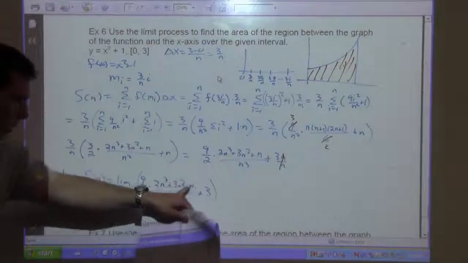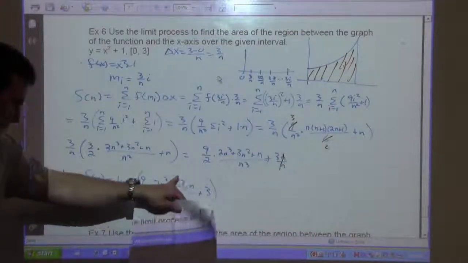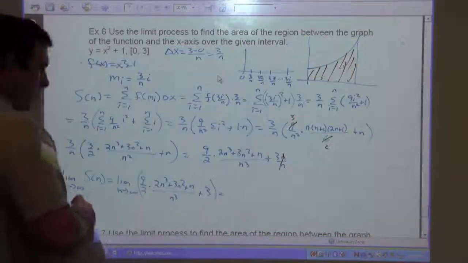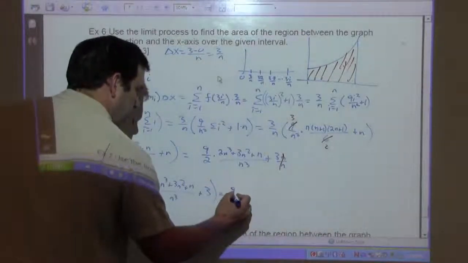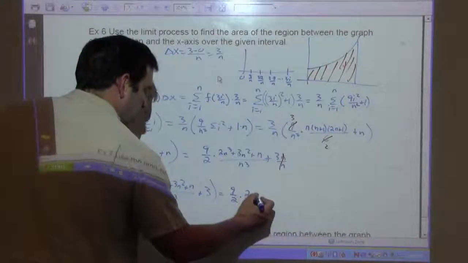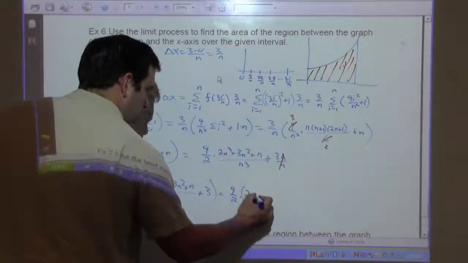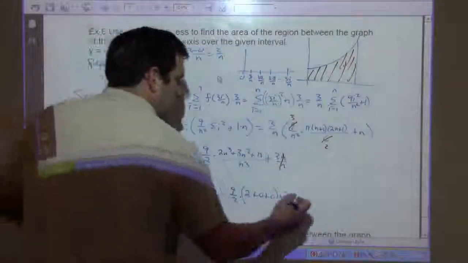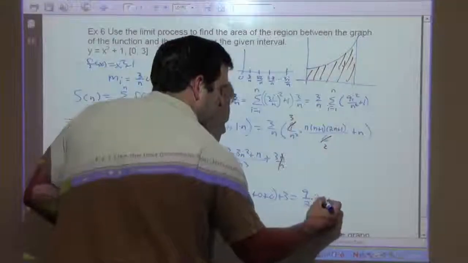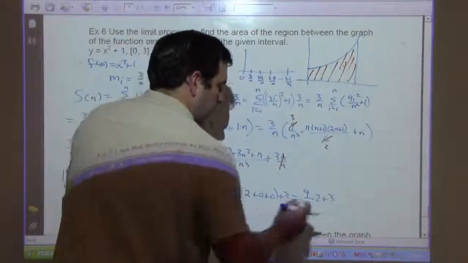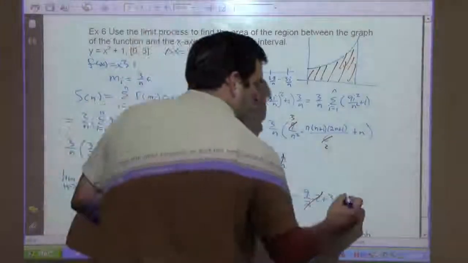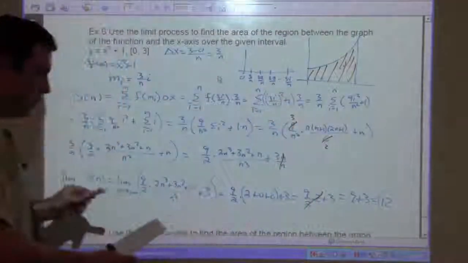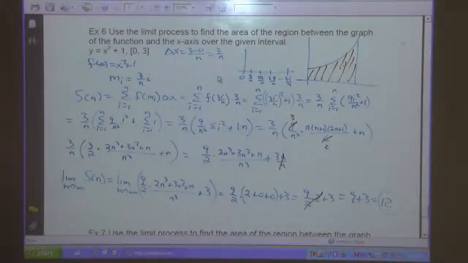Well, all the terms with the power less than 3 are just going to go away. And we're left with 9 halves times 2 plus 0 plus 3. That's going to be 9 halves times 2 plus 3. 9 plus 3 is 12. That is our sum.